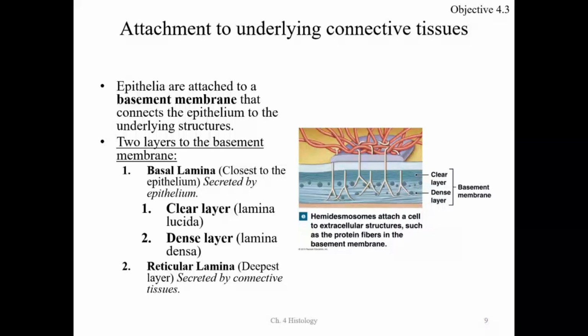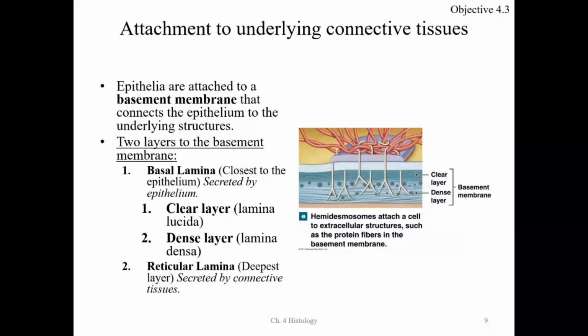Well, the basement membrane is like the backer board that we put down to put the tile on. So this basement membrane is the structure that connects the epithelium to other tissues, kind of like the backer board. Now, this backer board layer, the basement membrane, has a basal lamina and a reticular lamina that make it up.